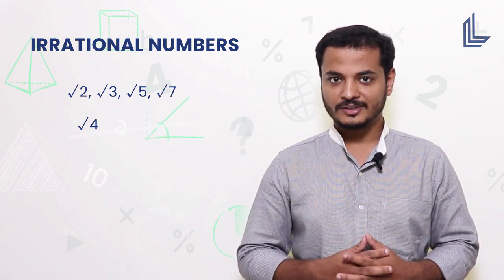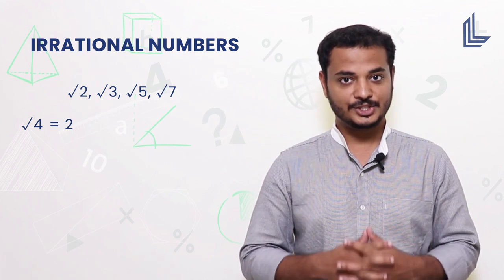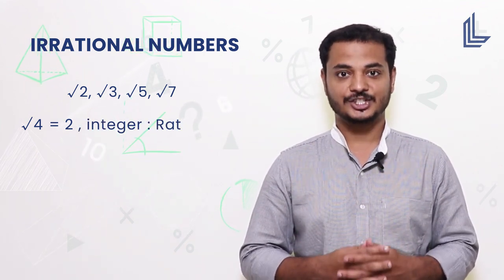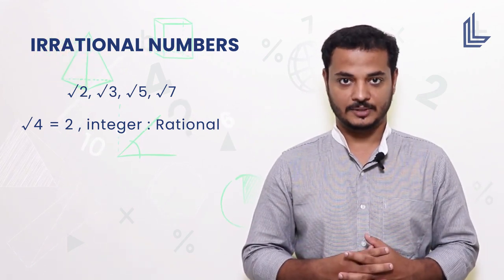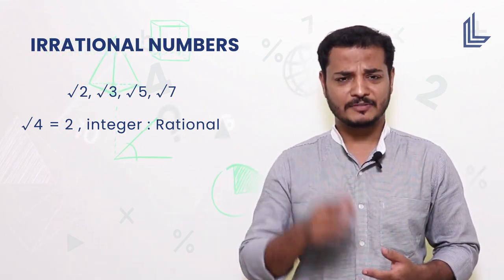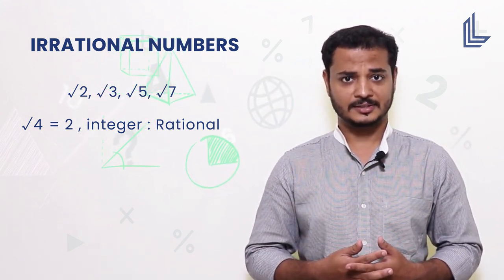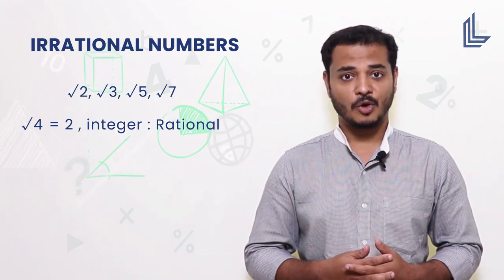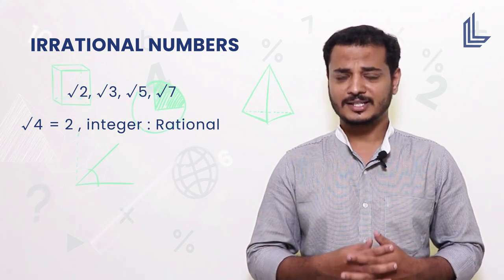Now, do you think root 4 is irrational? What is root 4? Root 4 is 2. Now, 2 is an integer. We have just learned that all integers are rational numbers. So, root 4 is also a rational number. In fact, you take any perfect square: 4, 9, 36, 64, etc. Square root of all these would result in an integer. So what does it mean?